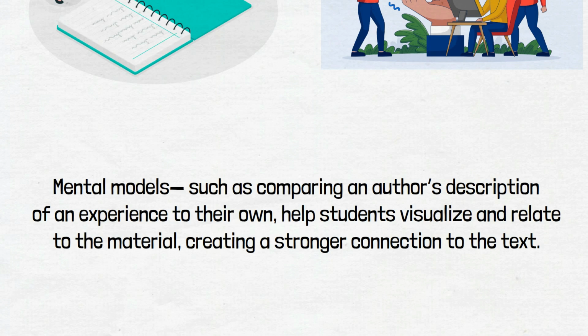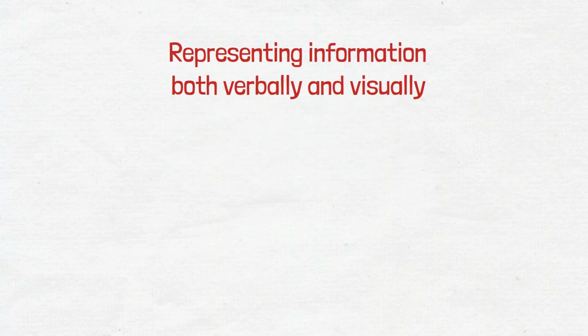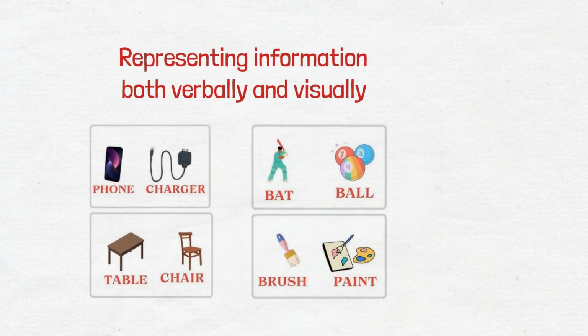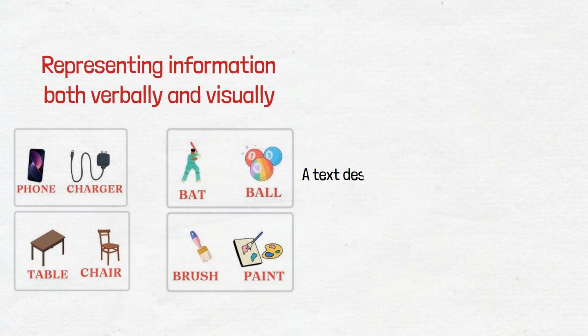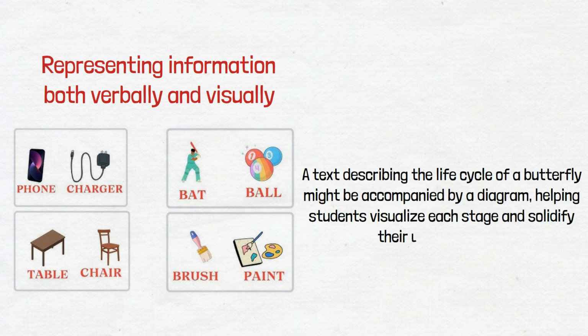Dual coding, or the process of representing information both verbally and visually, further enhances comprehension. Pairing words with images allows students to engage multiple cognitive pathways, making abstract concepts more concrete and memorable. For example, a text describing the life cycle of a butterfly might be accompanied by a diagram, helping students visualize each stage and solidify their understanding.